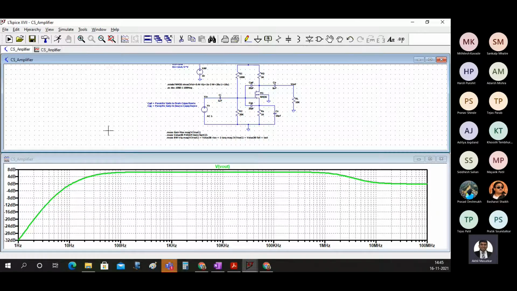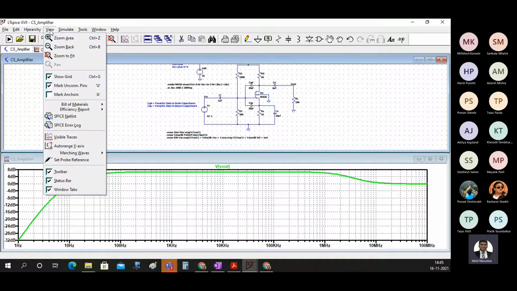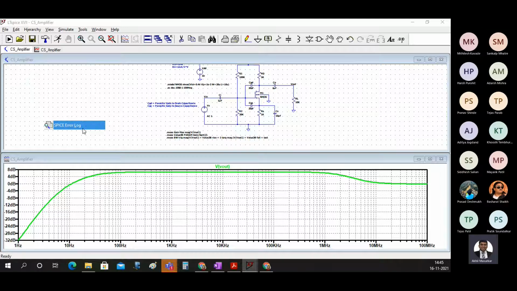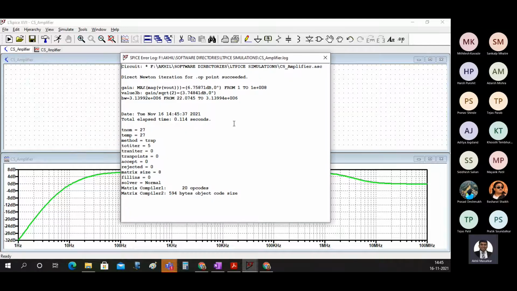But now if you go to View and see the SPICE error log, you can see these three lines. The first line is gain, that is the maximum gain, 6.75871 dB.